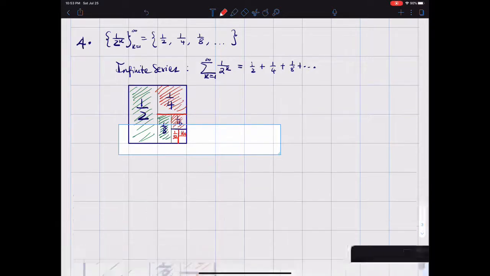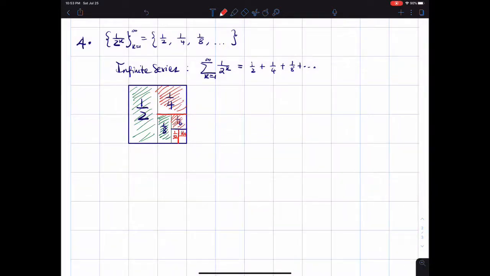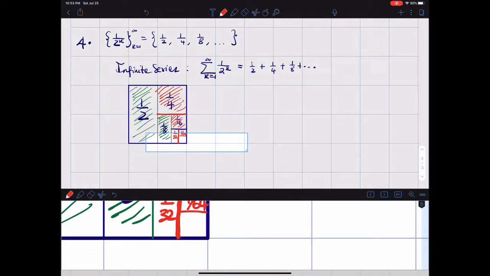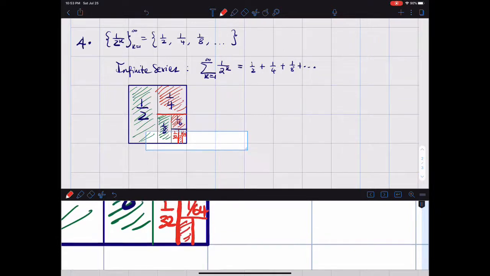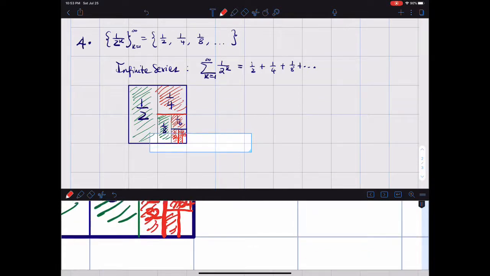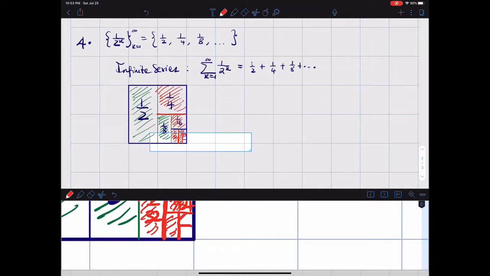Now, if we add all these areas up, it's going to sum up to 1, because we're going to keep dividing and adding these little pieces. We divide this one, and then we add it. We've already added these ones, but then we divide this one and add it.